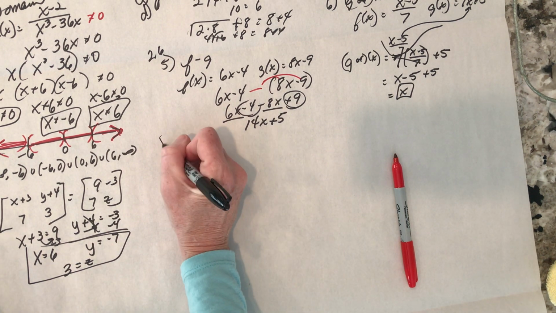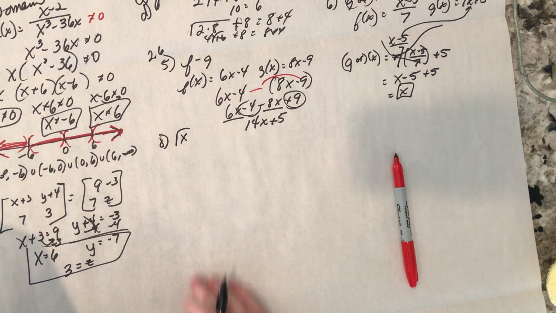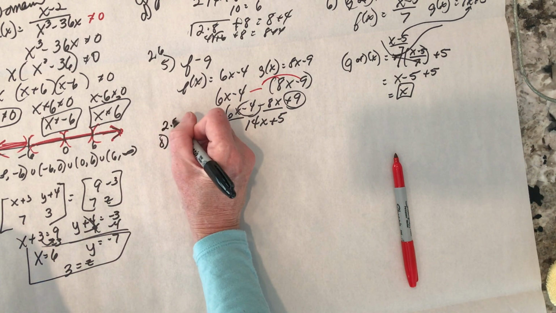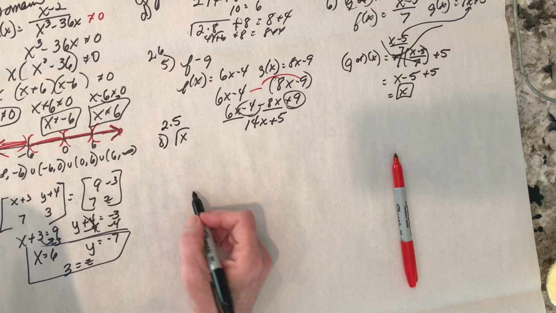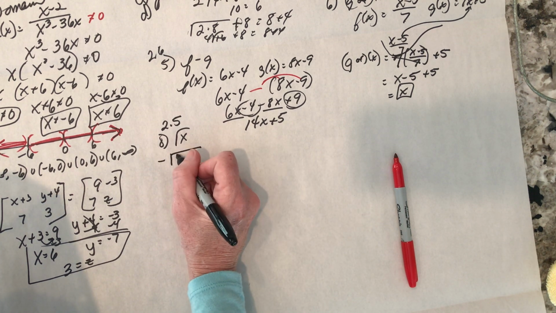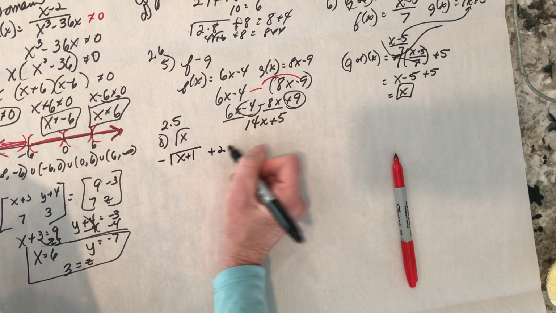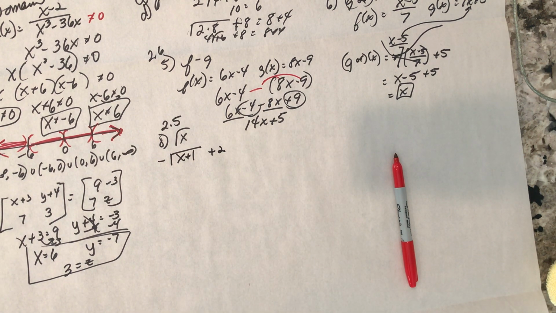Okay, number 8 is asking you to use the graph of the square root of x. This comes from section 2.5. That's a shoulder, remember. And you're asked to graph negative square root of (x plus 1) plus 2. So what we're going to do is start out with the basic shoulder.